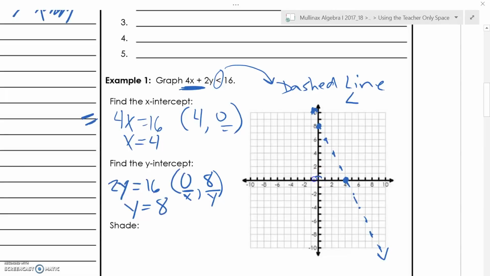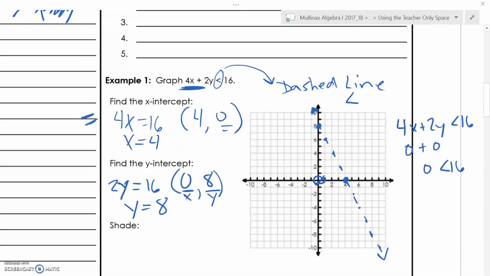Since (0, 0) is not a point on our boundary line, we can substitute (0, 0) into 4x plus 2y and see if that gives me a value that's less than 16. 4 times 0 is 0 plus 2 times 0. 0 is less than 16.